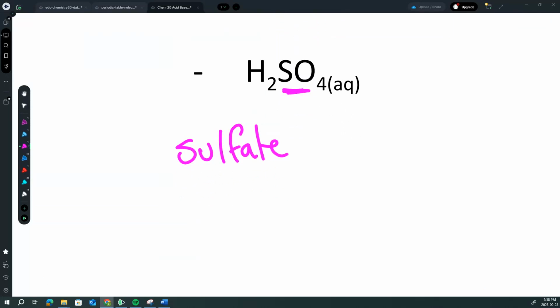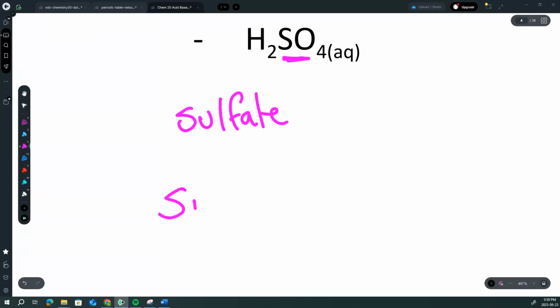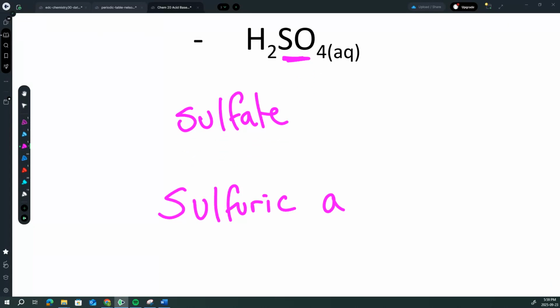Now with this, it's not going to be perfect, so we are going to change the ending ate to ic. However, you'll need to be aware that it's actually sulfuric acid. So just be aware of it.